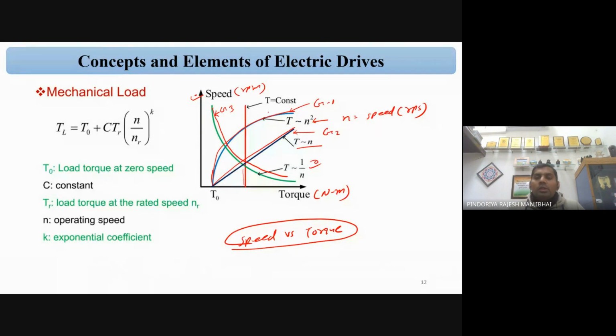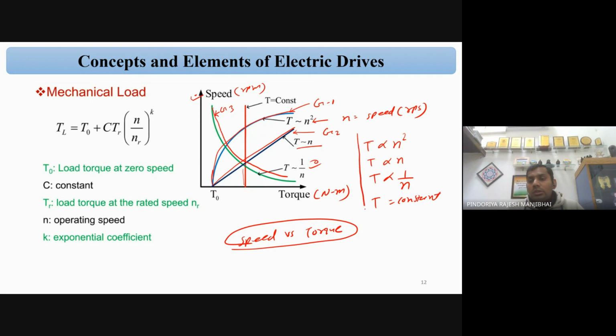This type of characteristic is most important for analyzing any kind of drive. So torque is directly proportional to n square, torque is directly proportional to n, torque is directly proportional to the inverse of the speed, and torque is constant.